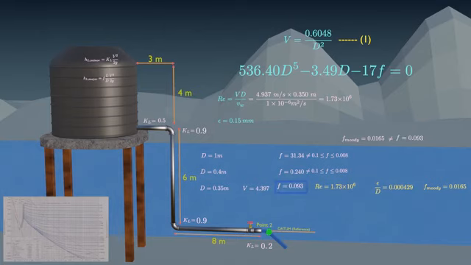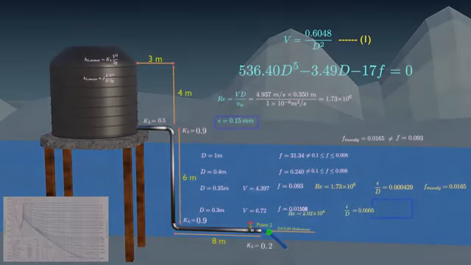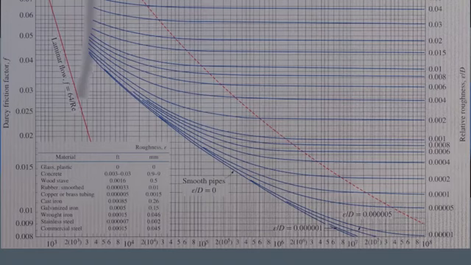If we choose diameter as 0.3 meter, then f will be. Now again solve for the Reynolds number and relative pipe roughness. We get the friction factor as.